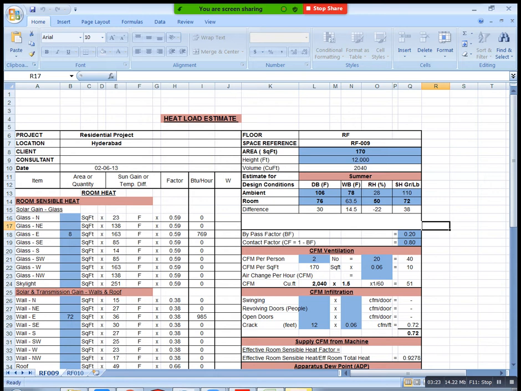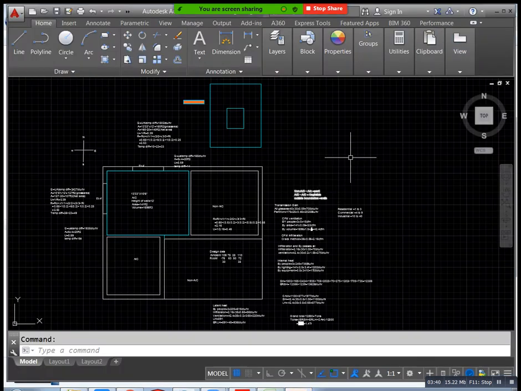Okay, now you can go to the ambient condition. Here ambient condition means you can take outside design data. How can you take outside design data? We have climatic data information. By using climatic data information you can take it. Now you minimize this, just see here.